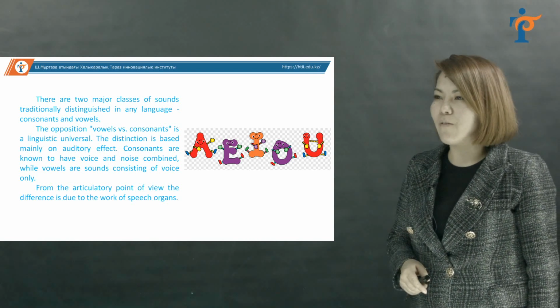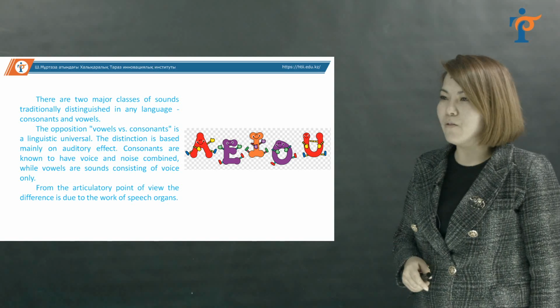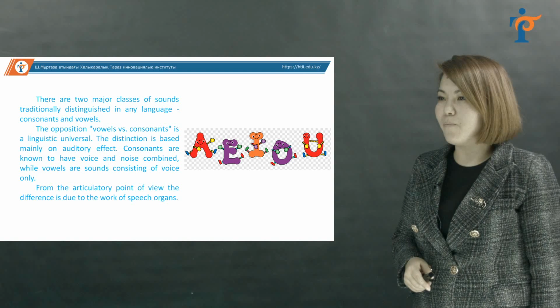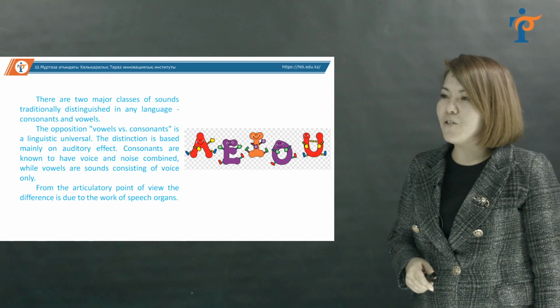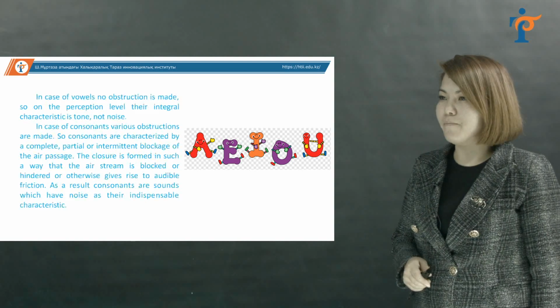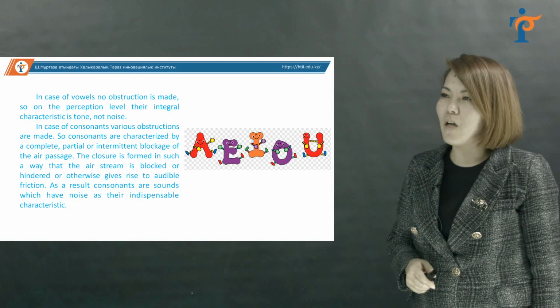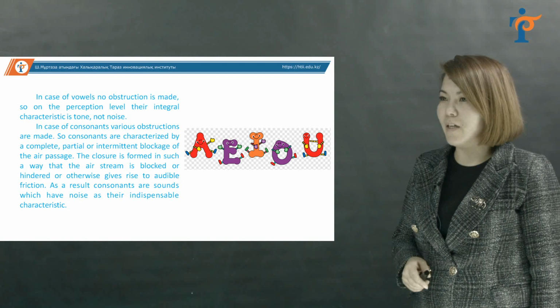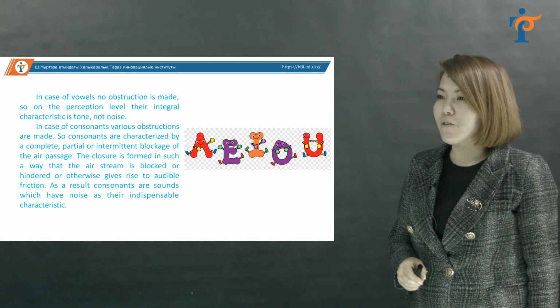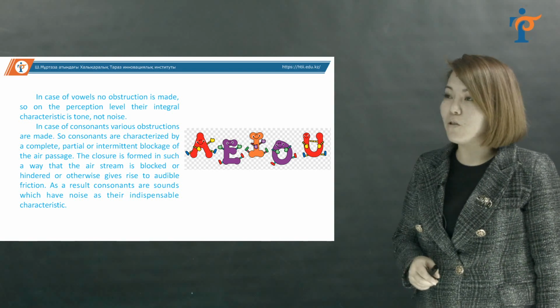Consonants are known to have voice and noise combined, while vowels are sounds consisting of voice only. From the articulatory point of view, the difference is due to the work of speech organs. In the case of vowels, no obstruction is made, so on the perception level their integral characteristic is tone, not noise.